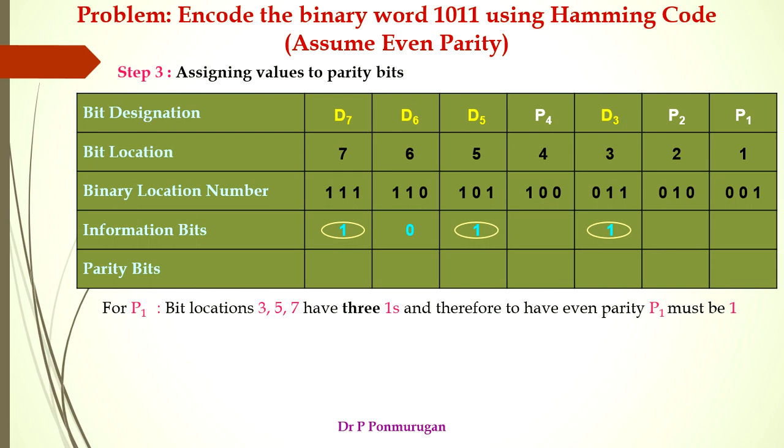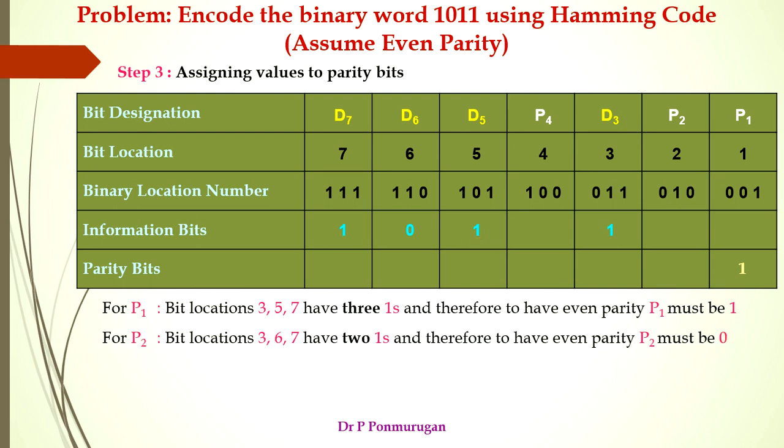So when we take into account, we have 3 ones here. To satisfy even parity, we should place a 1 in P1. If we place a 1 there, we have 4 ones, which satisfies the even parity condition. So this is for P1.